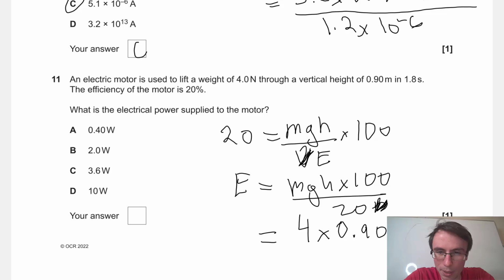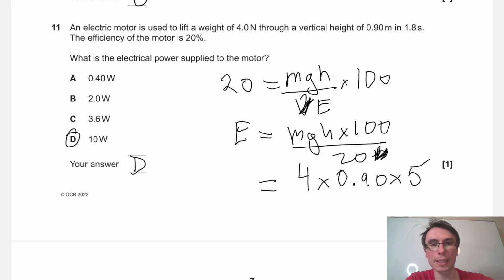So multiply by 5, that will just give me the energy. So 4 times 0.9 multiplied by 5 is 18, and that happens in 1.8 seconds. So the power should just be 10 watts.